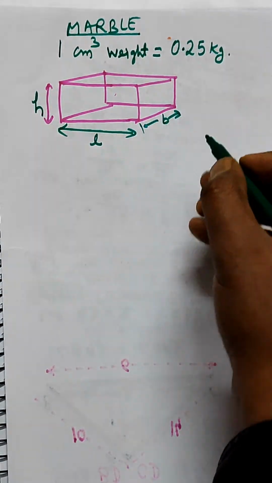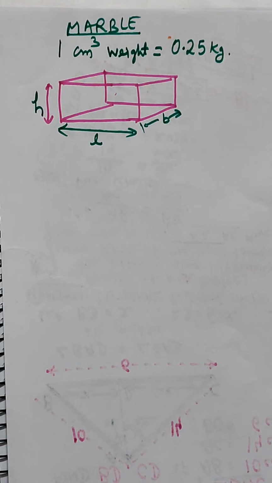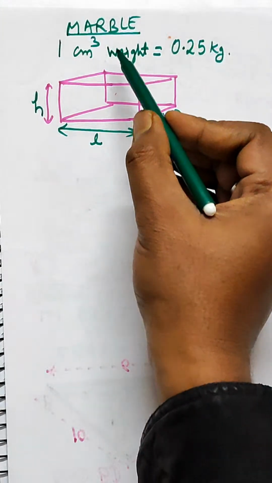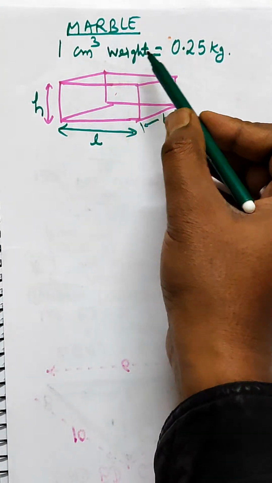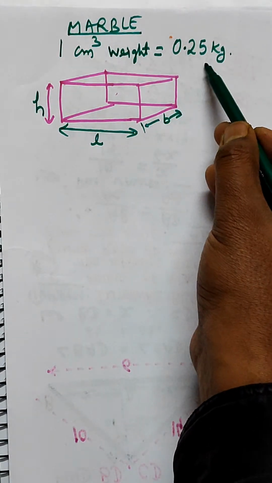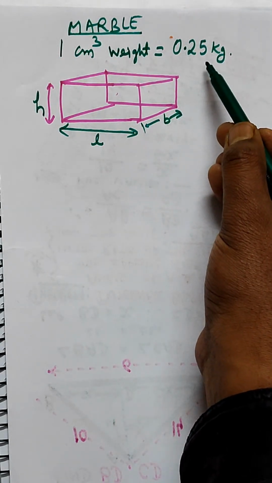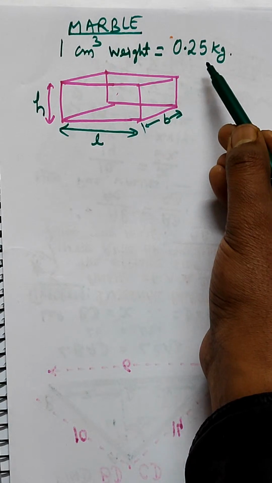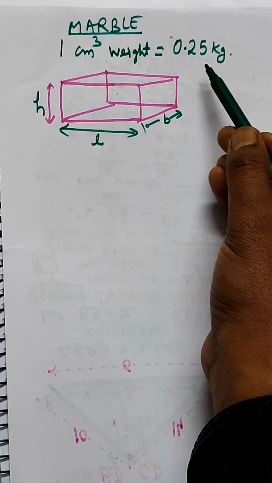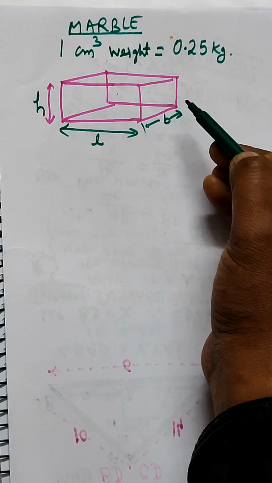breadth, right? Now in this question, it is given that 1 cubic centimeter of the marble weighs 0.25 kg, and a block of marble is 28 centimeter in width.